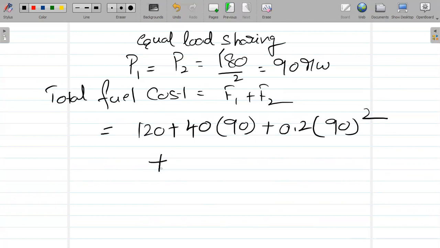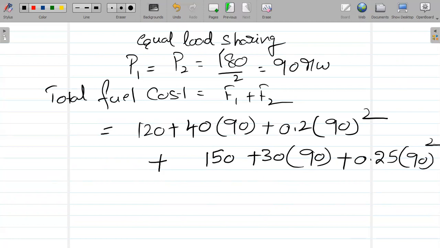F2 is 150 plus 30 times 90 plus 0.25 times 90 square. So you will get 10,215 rupees per hour. So see here, according to the economic operating schedule you got 10,214.43, but according to equal load sharing it is 10,215 rupees per hour.